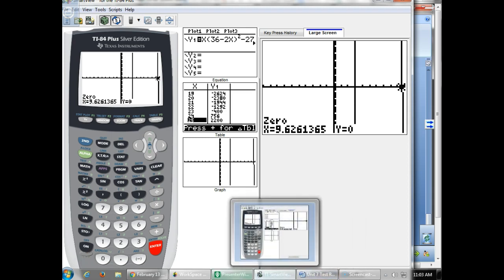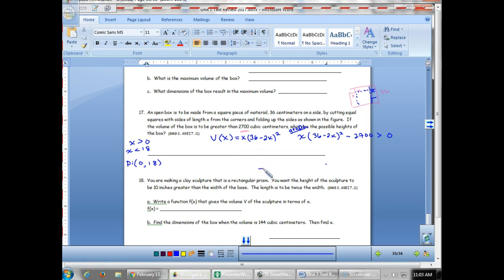Here's my sign chart. So I had a 3, right? And I had a 9.626. Now, do I possibly have any more roots, or is that it? Do I have one at 0?